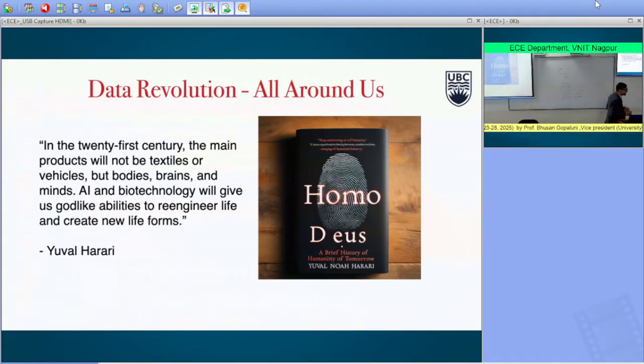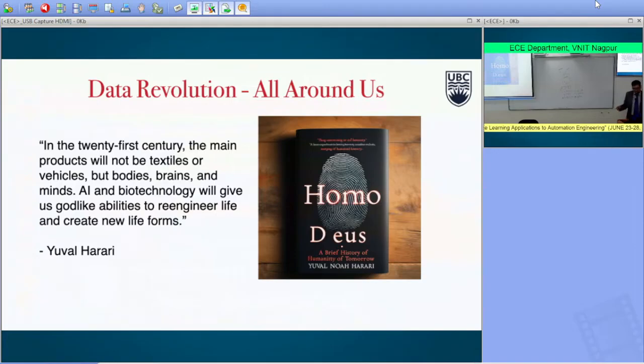And it's a really fascinating book because he talks about how, as humans, we have come to dominate the planet. There are just so many other species on the planet. Why is it that we as humans are able to dominate the planet, right? So he talks about that. It's a very, very nice book, if you get a chance to read it.